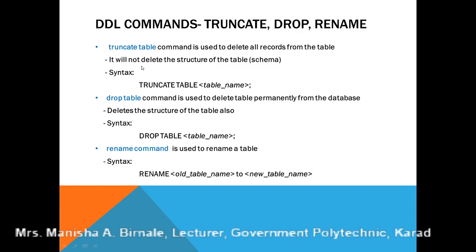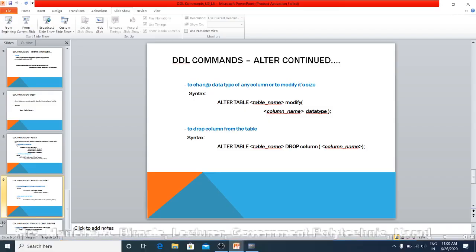But the truncate table command will not delete the structure of the table. Structure of the table will remain intact. Syntax for that is truncate table, and in front of it you have to write the table name. Let us see it.